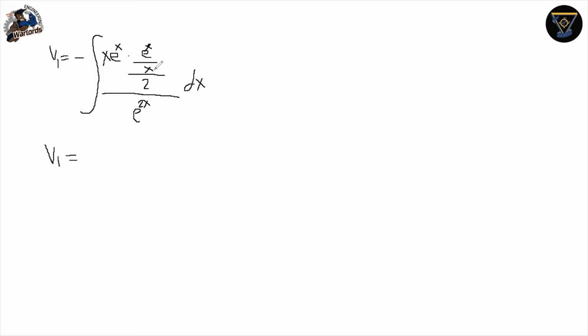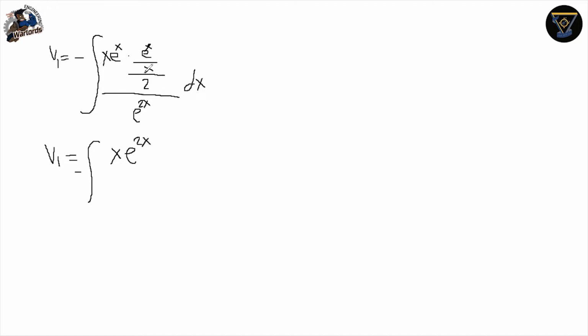So if we multiply out throughout, we can say this is x e to the x multiplied by this that is at the top. So we're saying that it's the integral, and you have the negative sign here, of x e to the x times e to the x, which is e to the 2x.